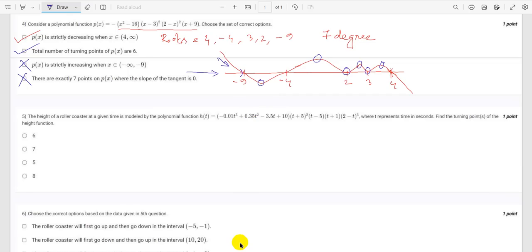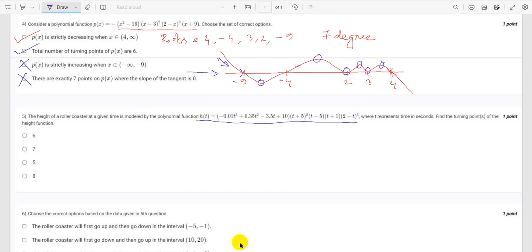Next question, question number 5. The height of a roller coaster at a given time is modeled by the polynomial function h(t). This is our polynomial function where t represents time in seconds. Find the turning points of the height function. To get the turning points, we have to draw the graph of this polynomial function.